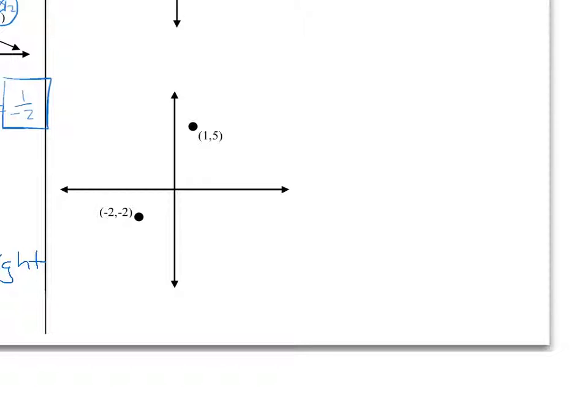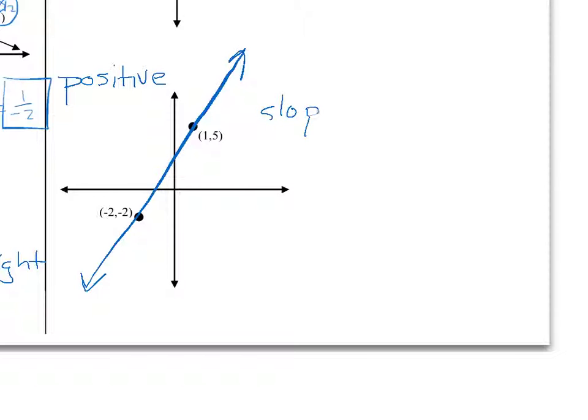All right, I'm going to do one more. I'm just going to do it pretty quickly. Put my line through. I hear RJ saying positive, because he sees this line is going up, up, up. Slope is equal to rise over run, which is my change in y, y1 minus y2, over my change in x, x1 minus x2.